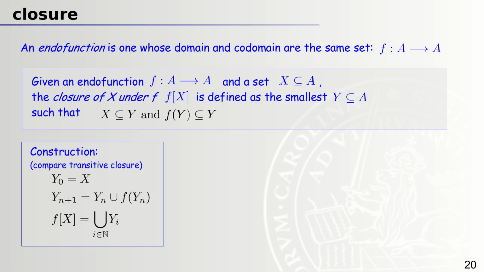We start with the set x itself and call it y0. Each subsequent y(n+1) is built by taking the previous yn and then adding its image under f to it.